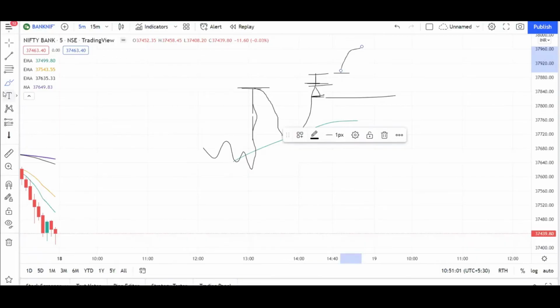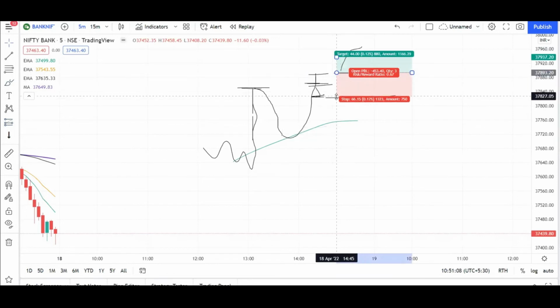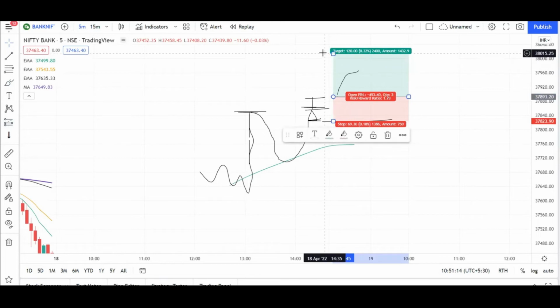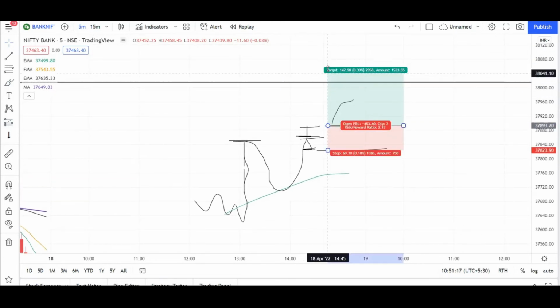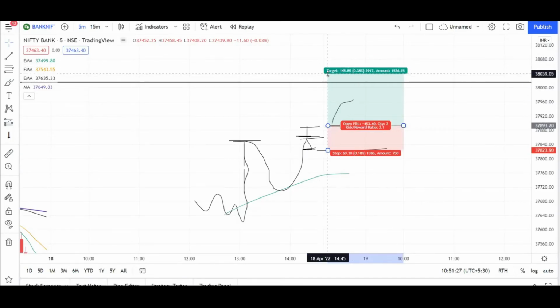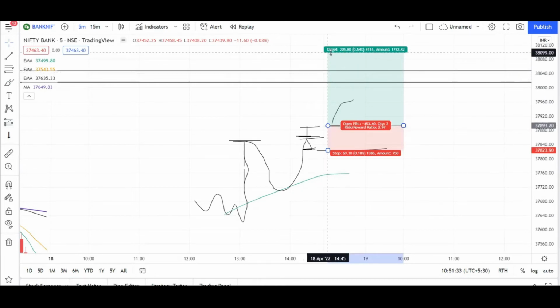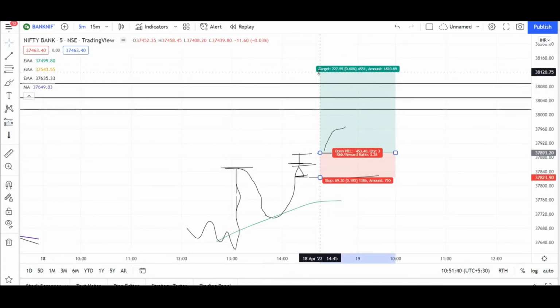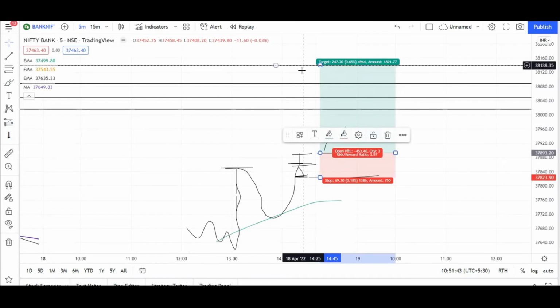So if you enter the long position, let's say from here, your SL will be here, your first target 1:1.7 will be here, then you can mark another 1:2.15, almost here, so it's just a small target, then 2.8, this one, then 3 and 4, on and on. So we will just consider somewhere in between here. This will be your target, and this will be your stop loss.